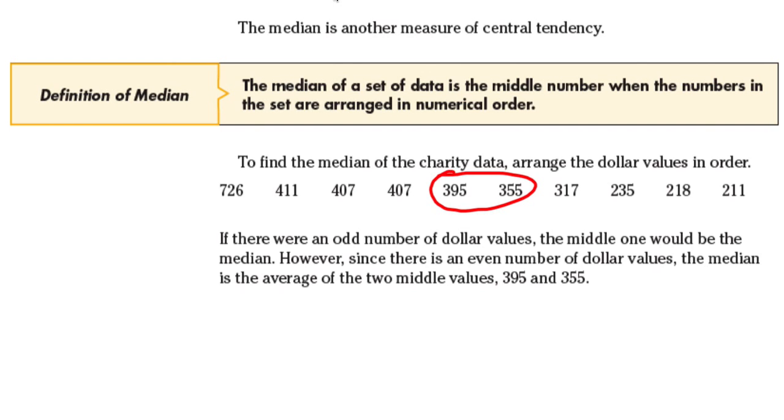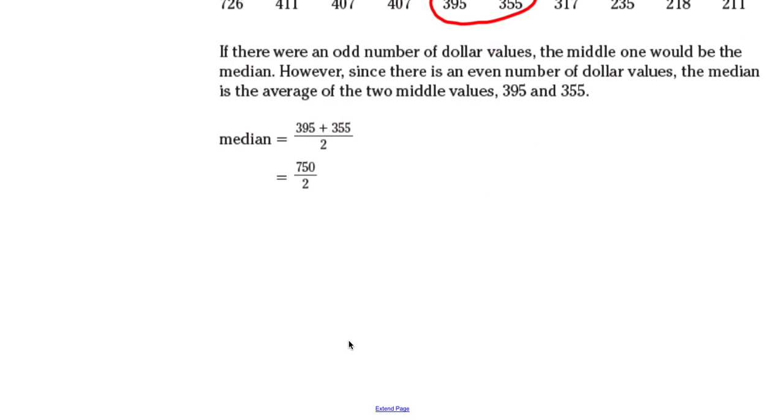We add the two values and divide by 2 to find the median, which will give us 375.